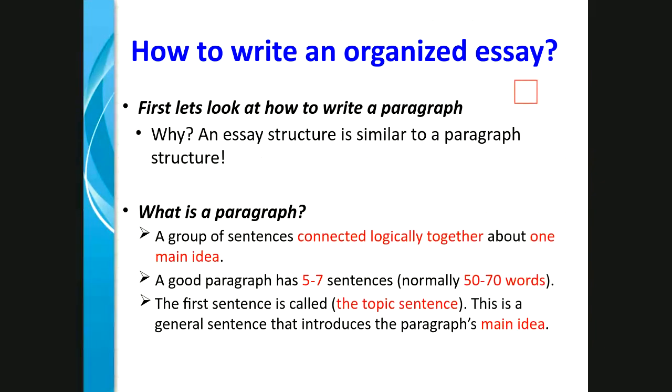So these are the three main parts of a paragraph. First we start with a topic sentence, then we follow this with 5 to 7 sentences to support this topic sentence, and all these sentences should be connected logically.